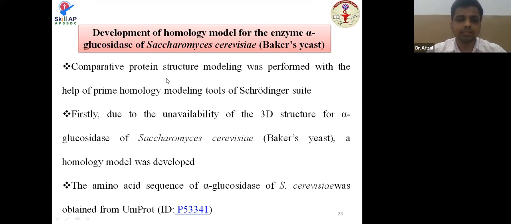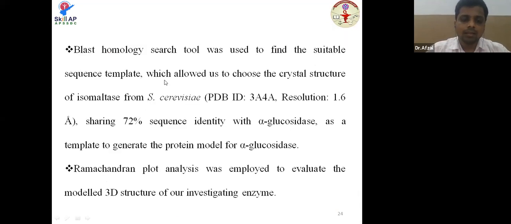Based on literature or other databases, we can get the UniProt ID and extract the amino acid sequence of the query protein, that is the alpha glucosidase enzyme. After identifying the query, we need to perform BLAST.